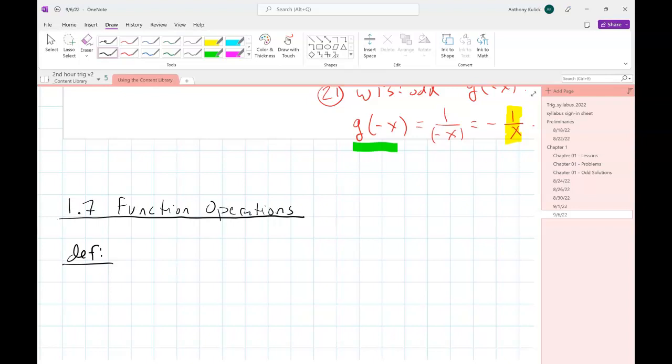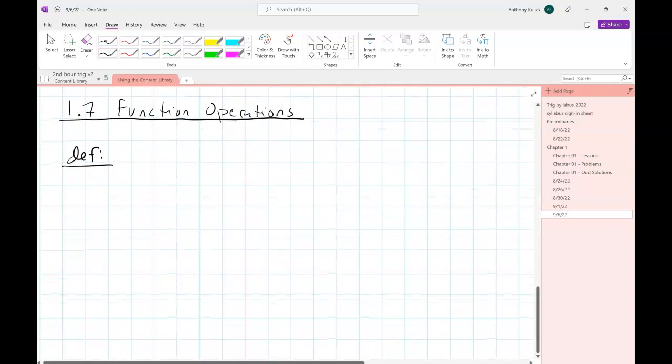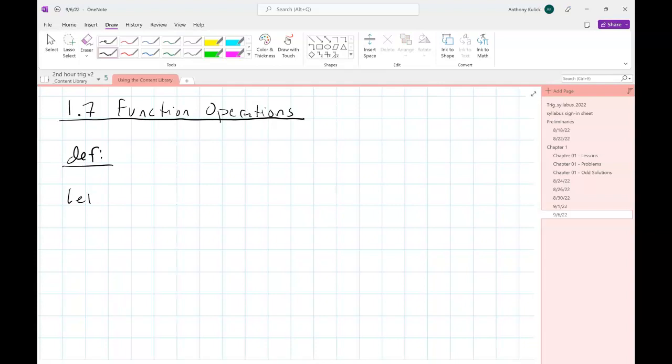All right. So 1.7, we're going to be talking about function operations. So let's start by just defining our basic four function operations. Let f and g be functions with intersecting domains.